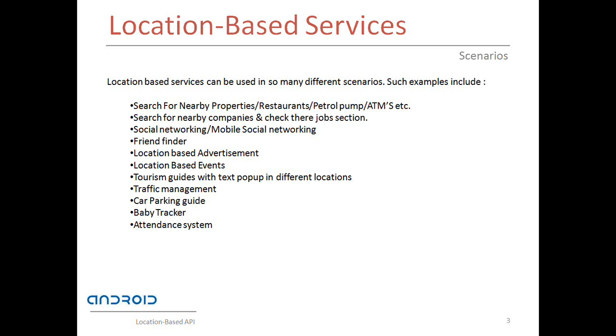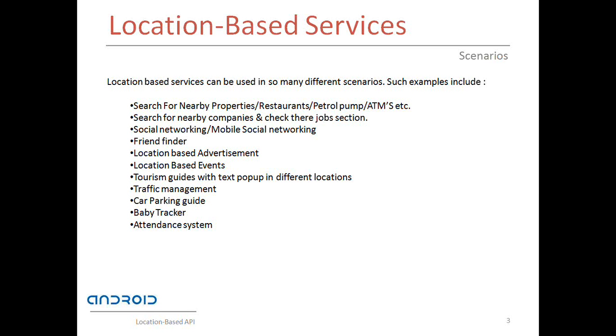Tourists most often don't know in which locality they are, but they are curious to know about that locality, about its history if it is of historic importance. If your application has this feature, then tourists can easily get the information.